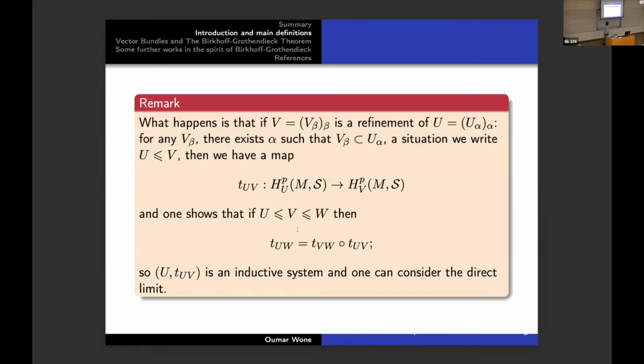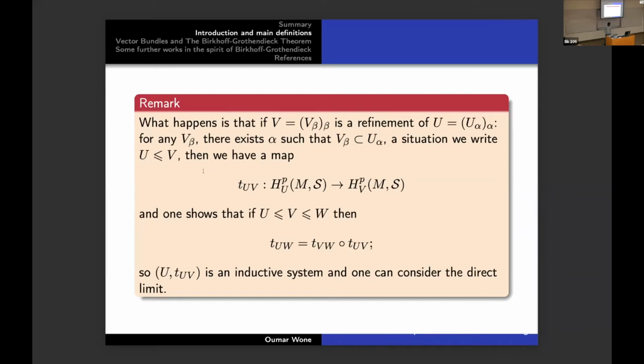So how does the direct limit appear here? What happens is that if we have a refinement V of U, which means that for any V_beta, one can find an alpha such that V_beta is included in U_alpha, we can define in this way a partial order.